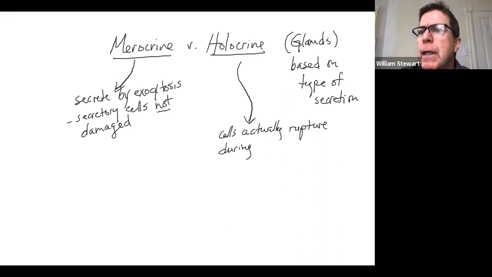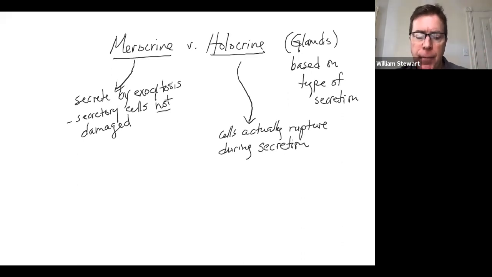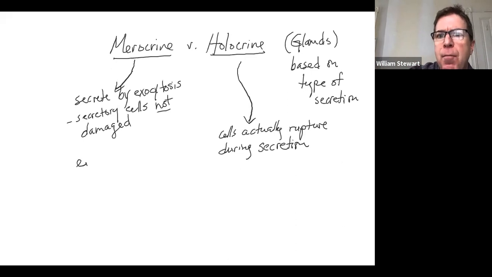So in order to release the product, the whole cell has to explode. So therefore, in holocrine glands, we constantly make new secretory cells because the actual cells themselves are destroyed in the secretory process. Examples of merocrine glands would be typical sweat glands on the surface of the body.